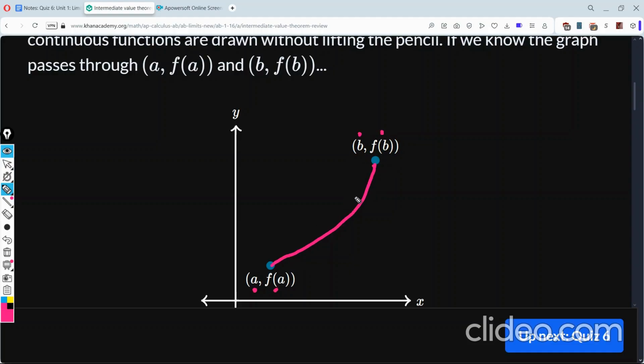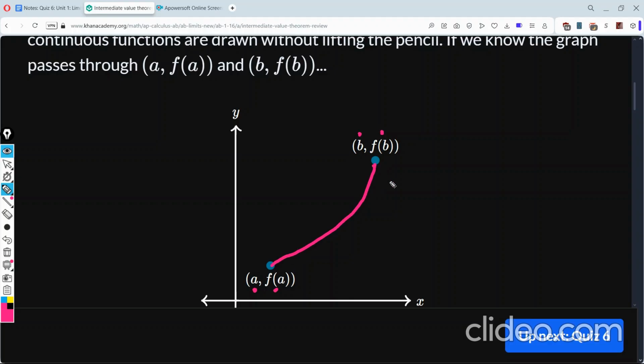If the function is continuous, in other words, there is no break in the graph, there's no discontinuity, that means all the points on this graph are going to be between the x values of a and b and the y values of f of a and f of b.